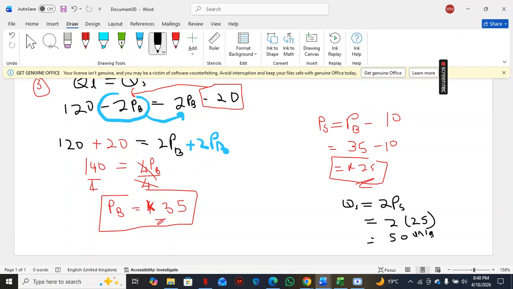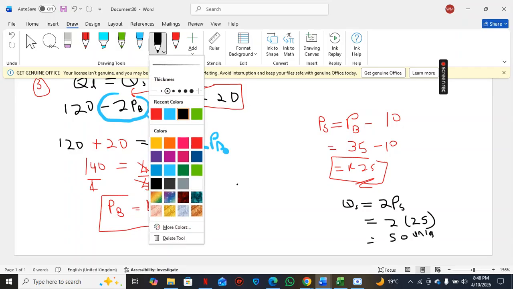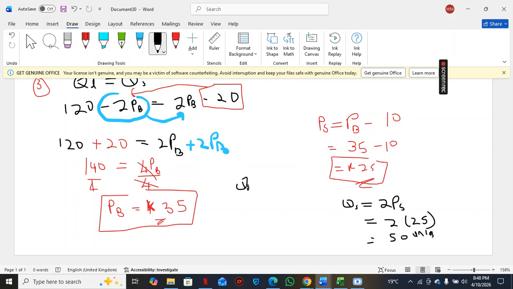If we used the demand function, we would have said QD equals 120 minus 2PB. So you're going to say 120 minus 2 times 35. 2 times 35, that is 70.